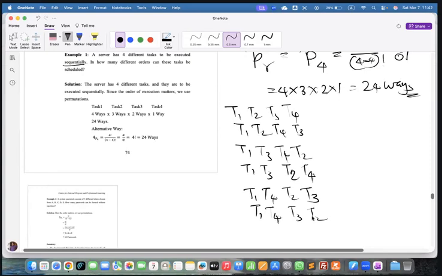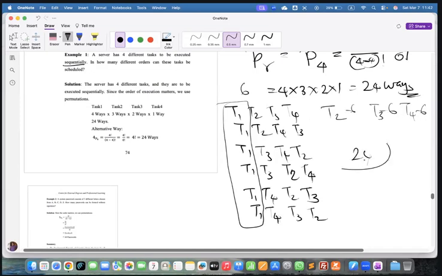So altogether how many here? 1, 2, 3, 4, 5, 6. Taking the first element as T1, I make 6 options. Similarly for T2, I can make 6 options; for T3, 6 options; for T4, 6 options. So altogether 6 plus 6 plus 6 plus 6, 24. This is how we can write all possible 24 combinations.